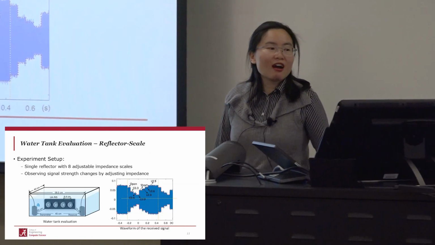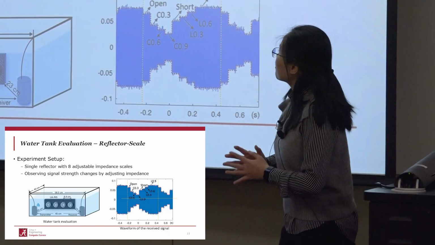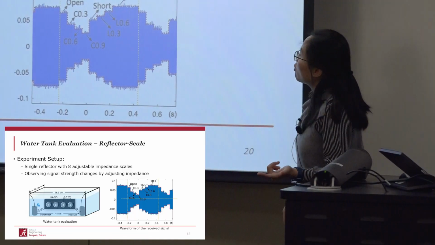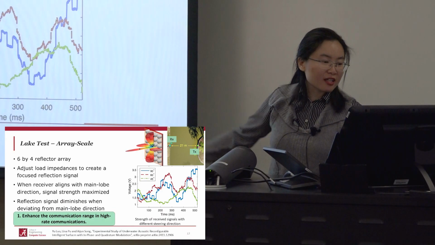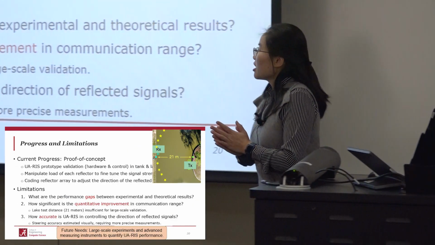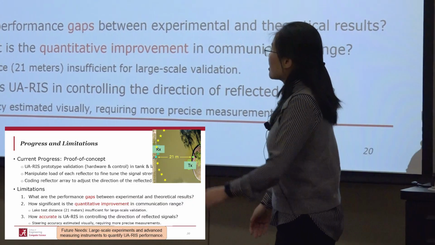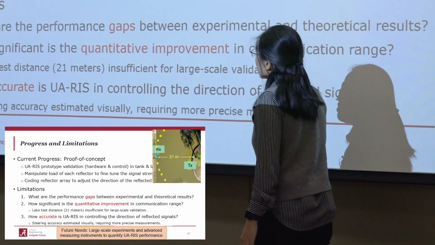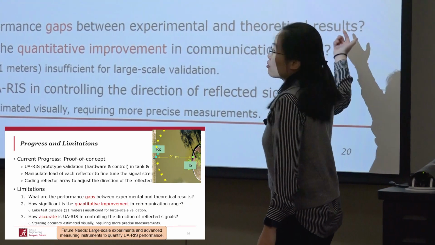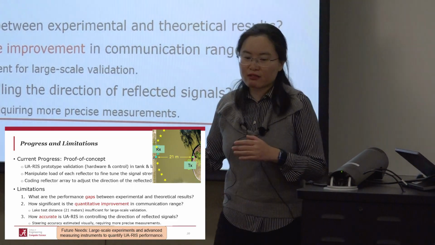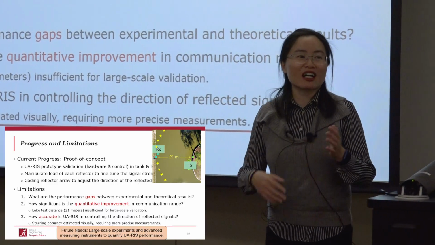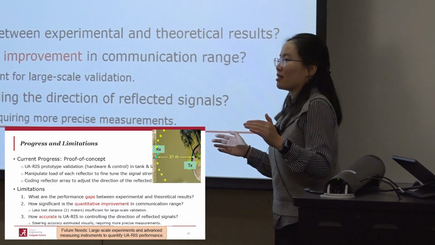So far we have done the proof-of-concept validation, and we verified the hardware and the control in a lake tank test and also a lake test. However, there are a lot of unanswered questions. For example, we'd like to know the performance gap between the experimental and the theoretical results. It's very easy to estimate the theoretical performance, but we all know that we cannot achieve that performance.